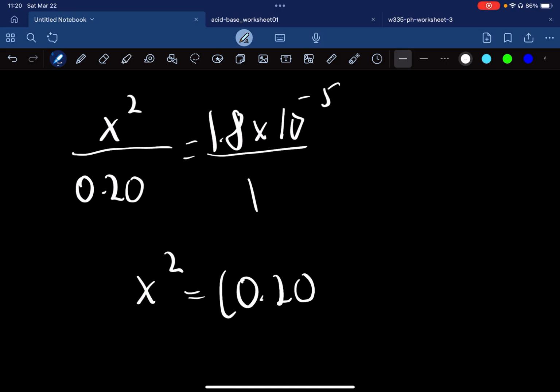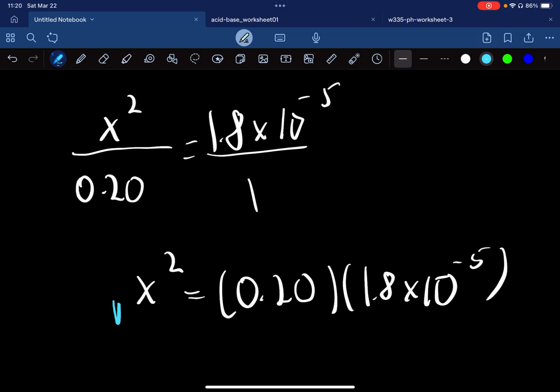You're gonna get X squared is equal to 0.20 times 1.8 times 10 to the power -5. You could solve it like that. I'm just gonna go ahead and take the square root right now, and put that in my calculator. So we're gonna do 0.20 times 1.8 times 10 to the power of -5.